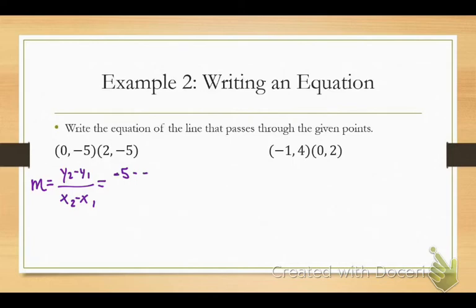Plus 5. Very good, because he did minus negative 5, which changes to a plus. Cade, what do we subtract in our denominator? 2 minus 0. Very good. What's negative 5 plus 5? 0.